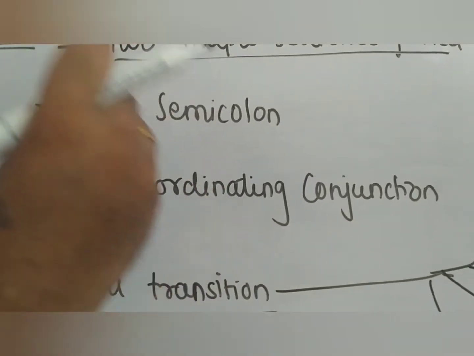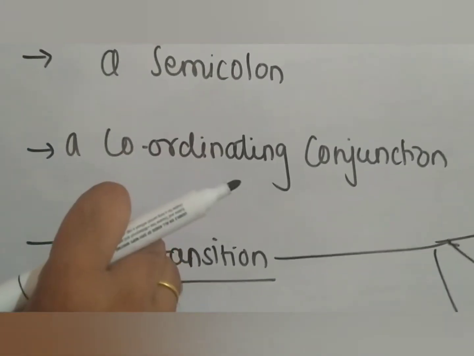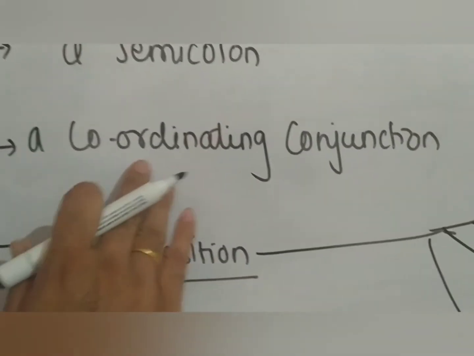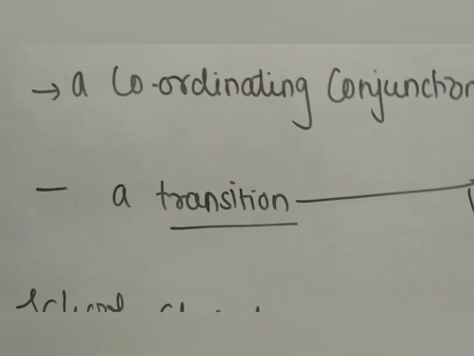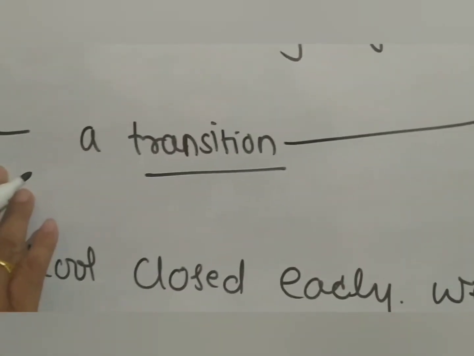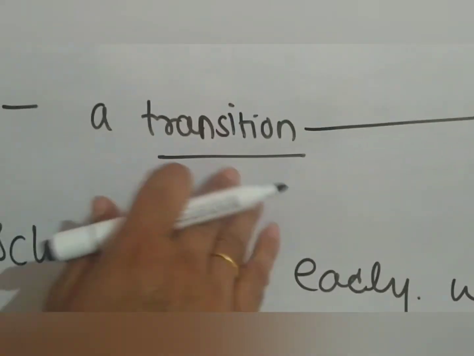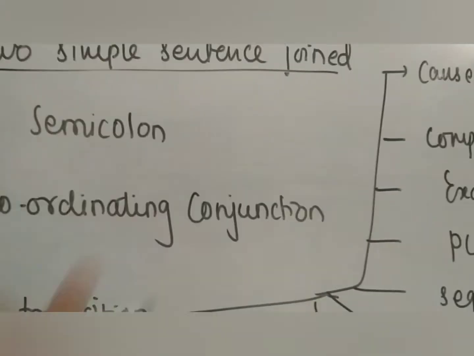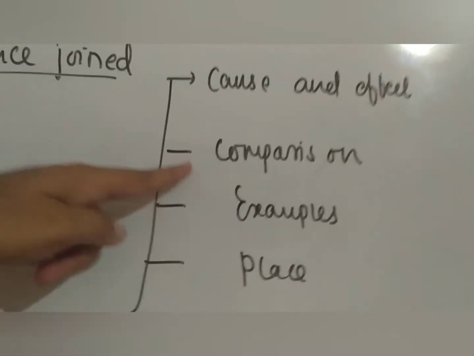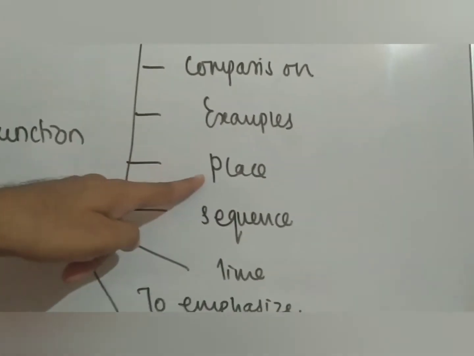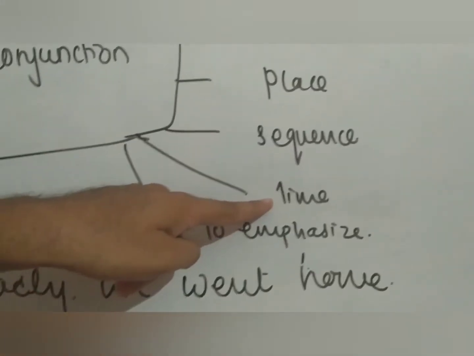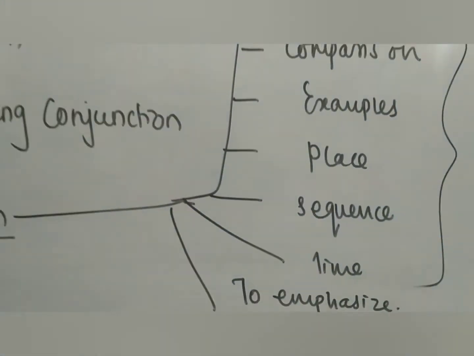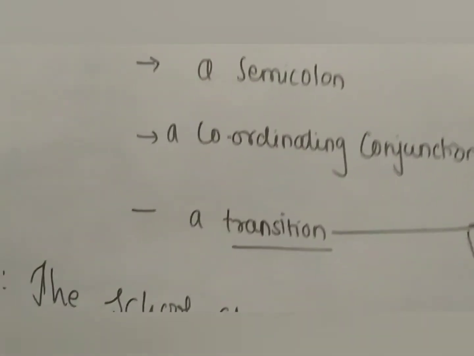It is very important to use the proper symbols to write the sentence. Second, a coordinating conjunction, and it may use transitions. Transitions sometimes give cause and effect, comparison, example, place, sequence, time, or emphasis. So these types of transitions we use in the sentence.